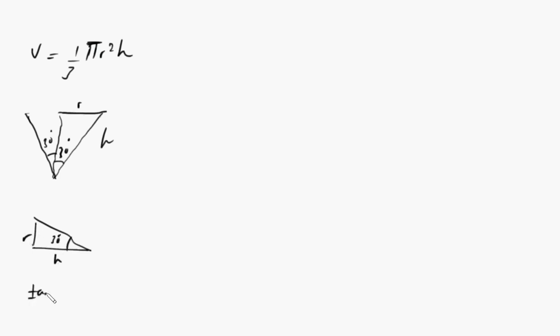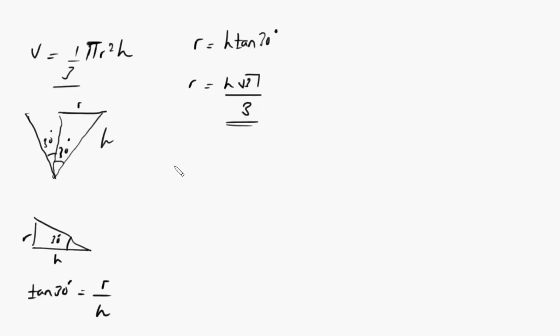So tan of 30 is equal to what? Is equal to r over h. So you can see that r is just equal to h tan of 30. But what is tan of 30? Tan of 30 is just equal to radical 3 over 3. So r is equal to this one. So now my volume, okay, this r I can square it. It's just going to be r squared is equal to h squared times 3 over 9.